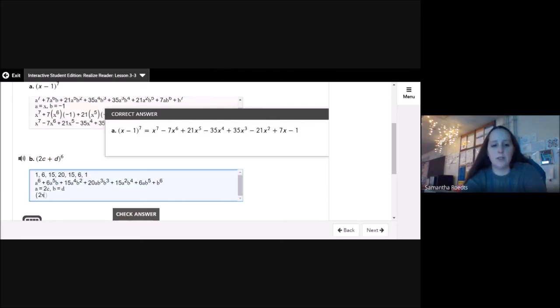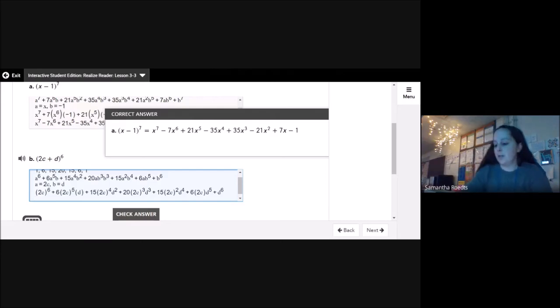So I have 2c to the 6th plus 6 times 2c to the 5th times d plus 15 times 2c to the 4th d squared plus 20 times 2c cubed d cubed plus 15 times 2c squared d to the 4th plus 6 times 2c d to the 5th plus d to the 6th.